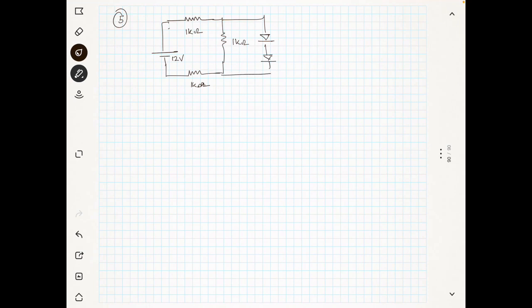And there is another 1 kilo ohm resistance, and you have another diodes which are given like this. And there is a diode which is connected like this. So we can name the diodes D1, D2, D3, D4 and D5.